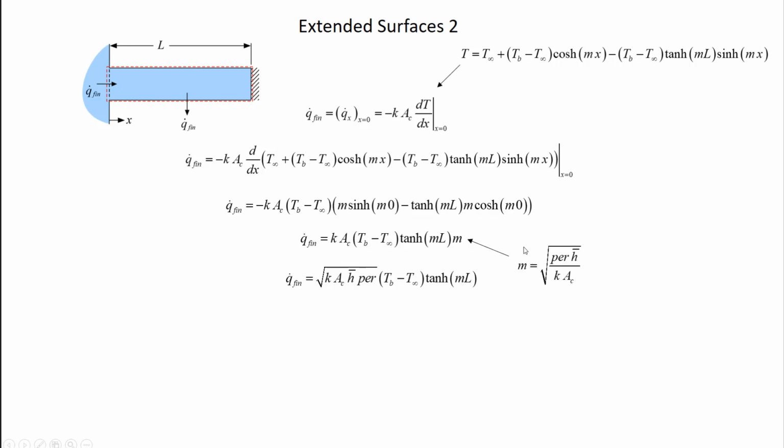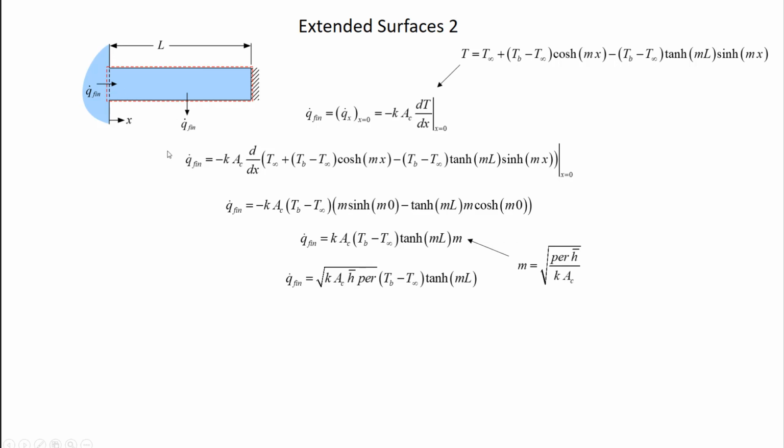And just to remember, the m here is the square root of the perimeter times h bar over k Ac. So if I substitute that into here, I get this equation here, which makes sense to me, I think, right? The rate of heat transfer to the fin definitely ought to increase with Tb minus T infinity, the temperature at the base minus T infinity.